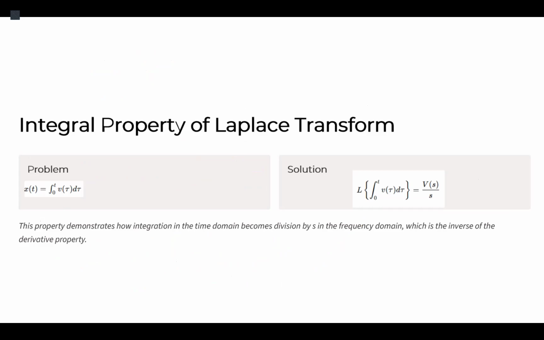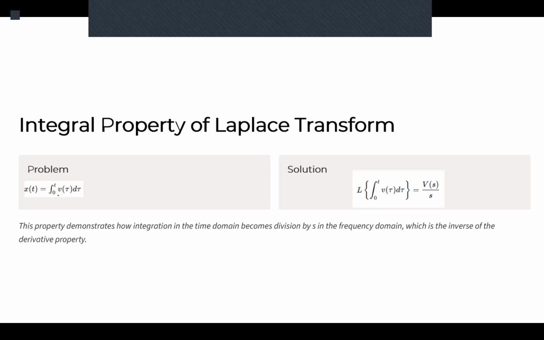Now, what about if our x is an integral of some function? We already know that from the characteristics, if x is the integral of v tau d tau from 0 to t, the Laplace of x is going to be Laplace of v over s.